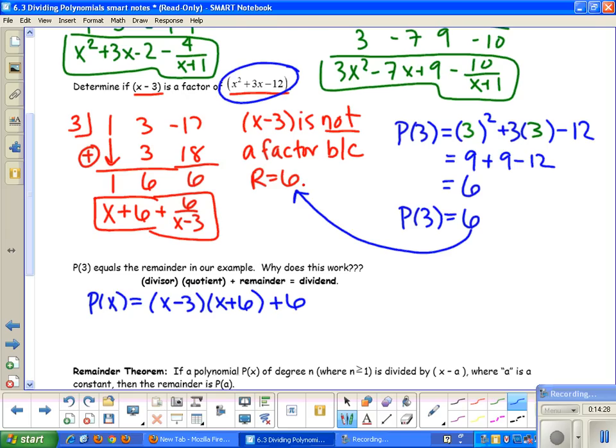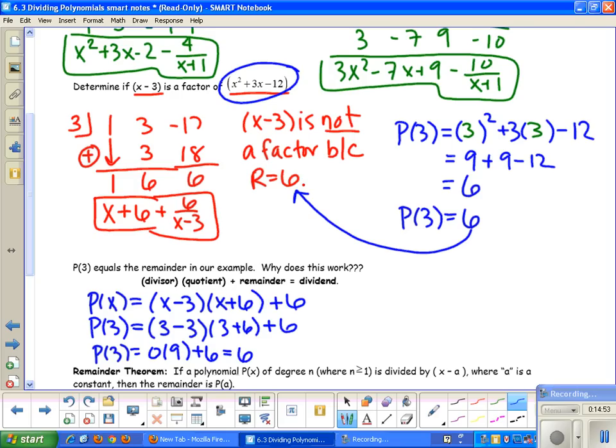So if I do p of 3 in this equation, notice that I would have 3 minus 3 times 3 plus 6, and notice 3 minus 3 is 0, times 9 plus 6, which is just 6. So when you plug in 3, it makes your divisor part equal to 0.